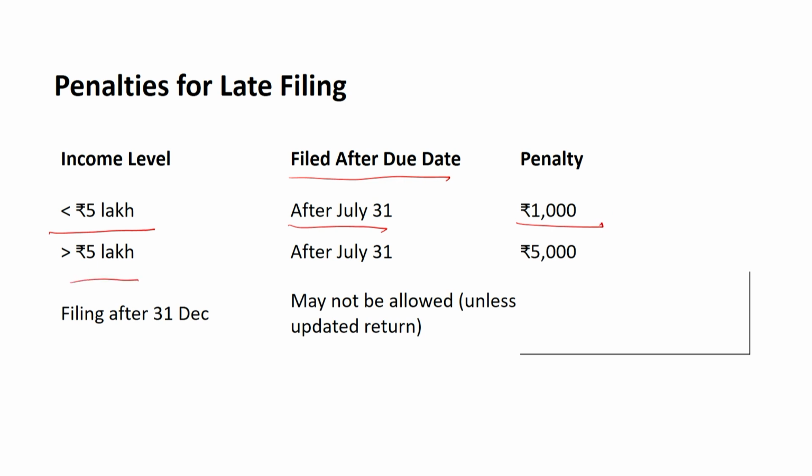If your income is more than 5 lakh rupees and you file your return after July 31st, then the penalty is 5,000. And if you are filing after 31st December of the assessment year, you may not be allowed to file the return unless it is an updated return. So these are the various penalties for late filing.